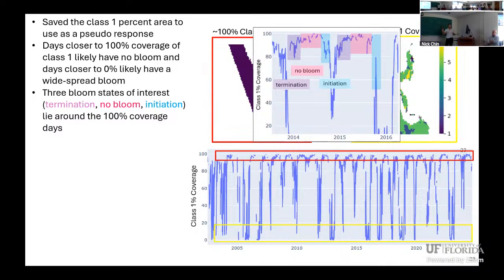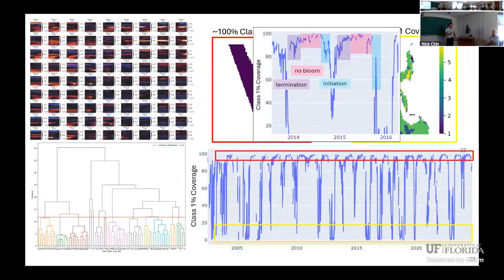When it stays close to 100% of class 1, we're going to consider that no bloom. And when you start to retract from that, or get closer to 0% coverage, we're going to call that bloom initiation.